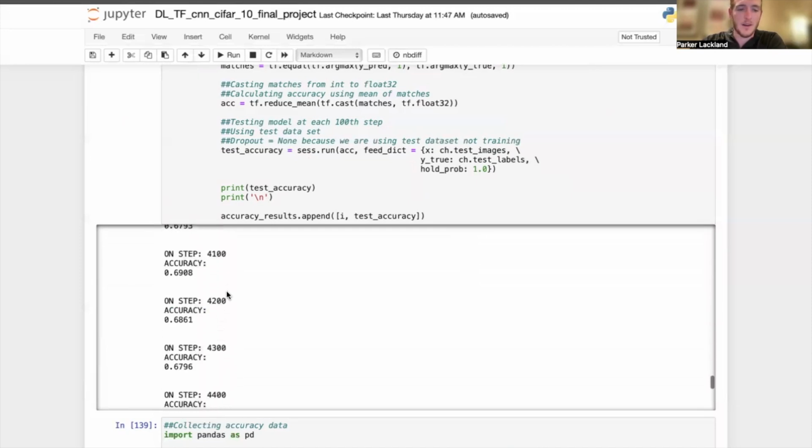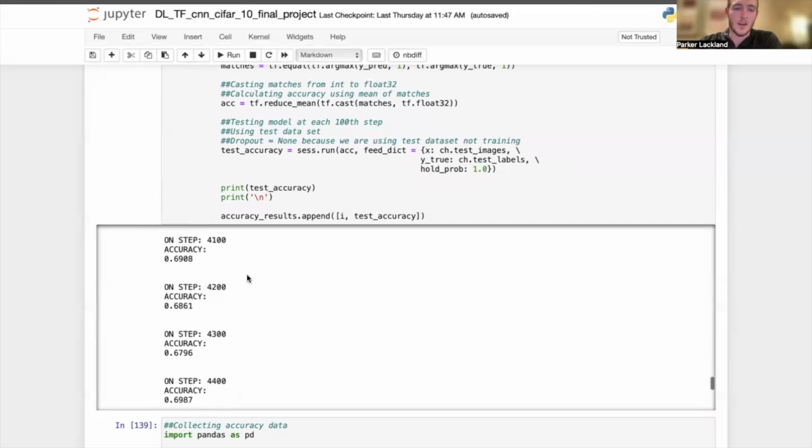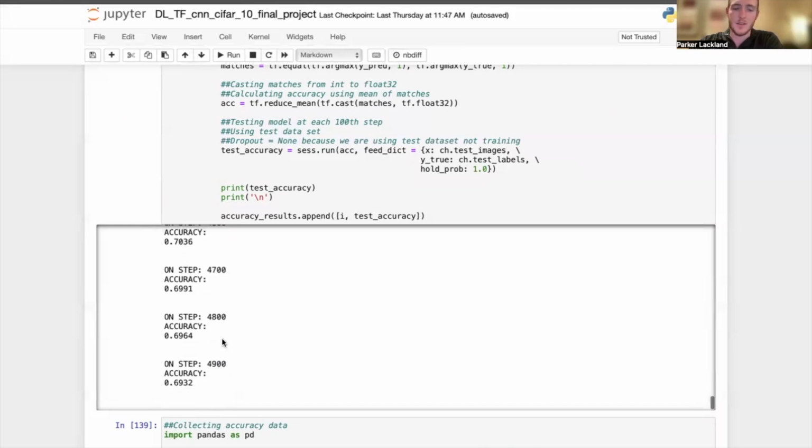We get all the way here to about 4100, and you start to see about the 70% range, which is where we generally end up. It hops up and down, but we're at 69, 69, 70%, 69%. Our final step calculates just below 70%, at about a rounded 69%. So 70% is about where the model plateaus for all accuracy purposes.